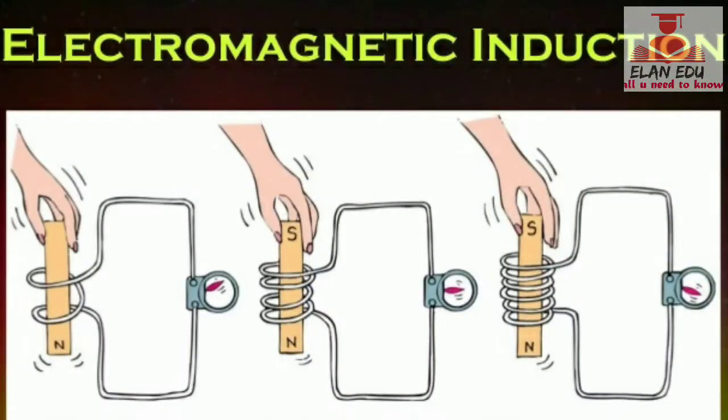Now we will see three diagrams, each having different turns near the magnet. Among these three diagrams, the third one, which has more turns, produces high voltage. It is clear and evident that higher turns produce higher voltages near the magnet, based on the principle of electromagnetic induction.